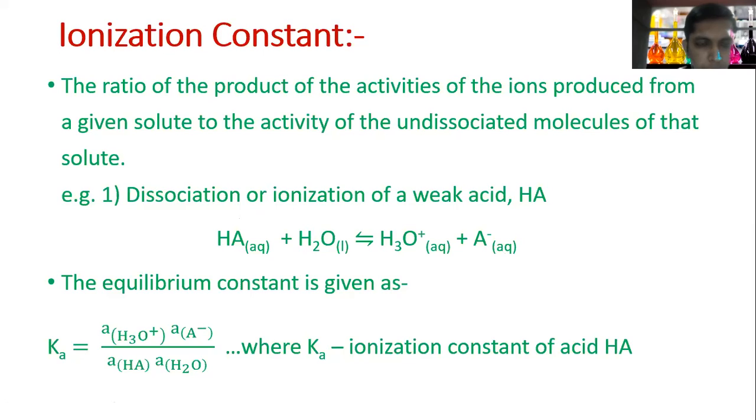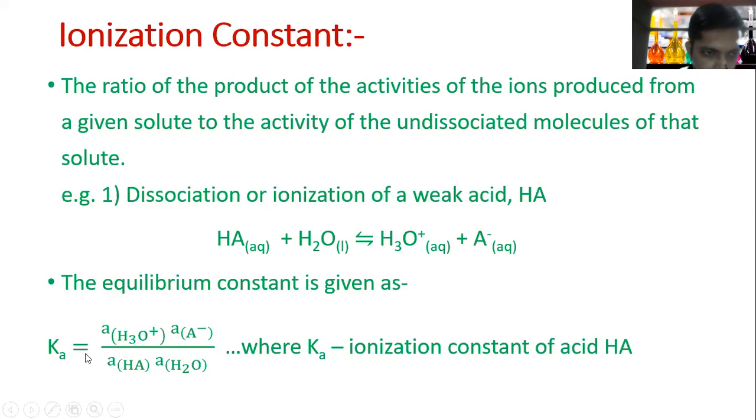So we can apply the equilibrium constant. So the equilibrium constant for this particular dissociation equilibrium can be given by this equation. That is Ka is the equilibrium constant of this particular dissociation equilibrium.